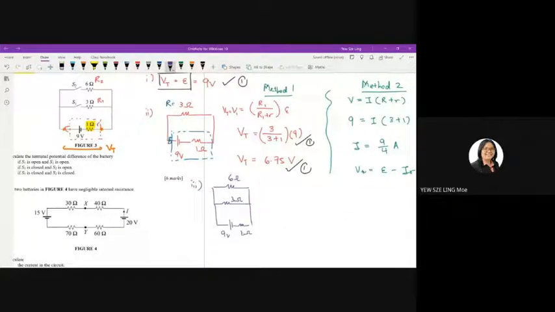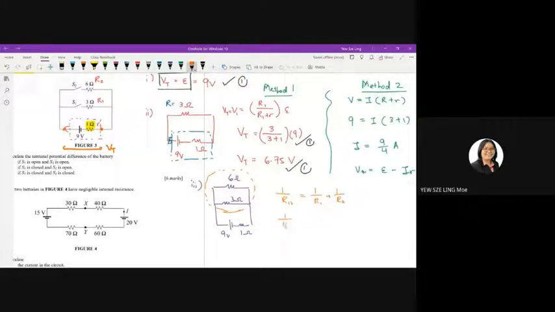So when it comes to this question, how are we going to solve it? We need to simplify the circuit first. We need to simplify this part, using the parallel circuit method. So 1 over R12 is equal to 1 over R1 plus 1 over R2.